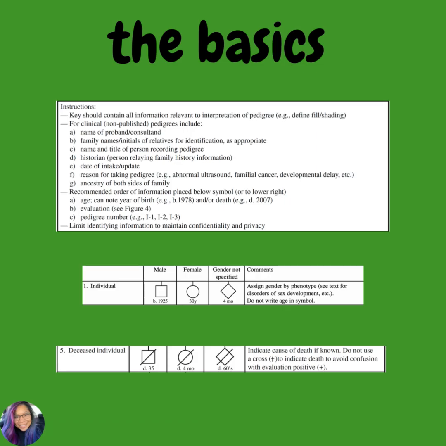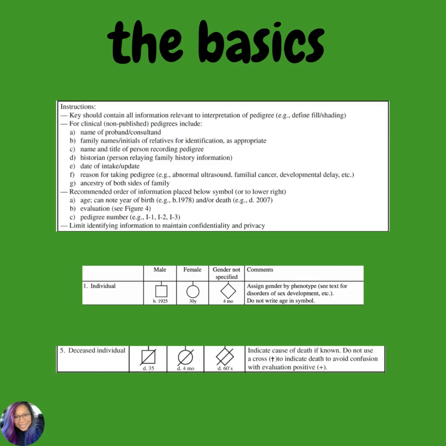Then you would also ask questions about their family members and try to document how old they are. When did they pass away? How old were they when they passed away? Did they have any other medical conditions there? Normally, there is a section of the pedigree to maybe talk a little bit more about who is the person relaying this information, the historian. But those were kind of the basics.